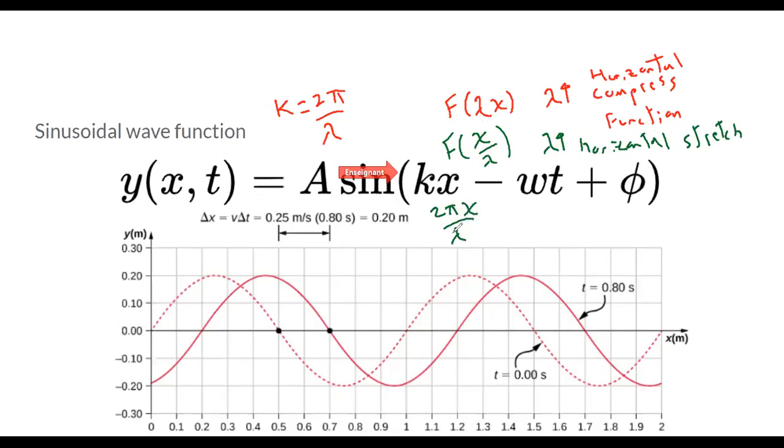Having x over lambda means that lambda is acting as a horizontal stretch the bigger it gets. And the reason there's a 2 pi here has to do with the fact that we're using a sine function in radians. So x over lambda is not in radians, and the 2 pi is there to make it radians. But rather than writing 2 pi over lambda every time, we just write k, which is the wave number.